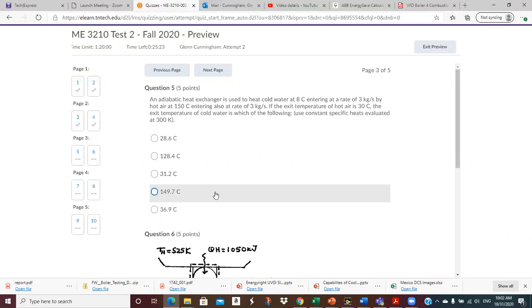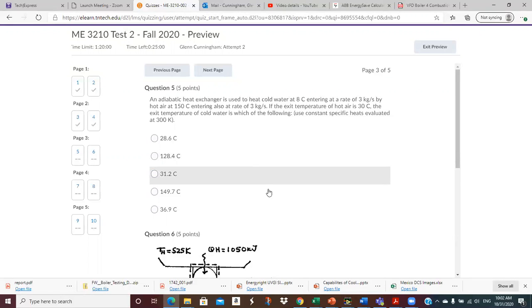If the exit temperature of the hot air is 30 degrees C, so it's cooled down 120 degrees C, the exit temperature of the cold water is which of the following? Use constant specific heats evaluated at 300 K, because when you look them up, you have variation in temperatures.